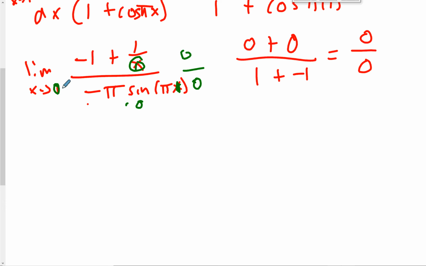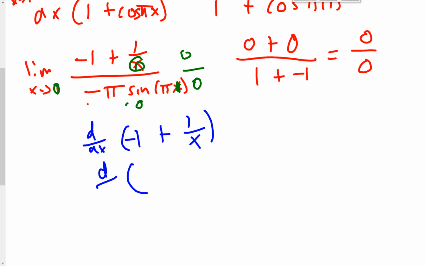So I'm going to take the derivative of the top. So I'm going to take the derivative of negative 1, which is 0, and 1 over x. And then I'll take the derivative of the bottom: negative pi times sine of pi x.